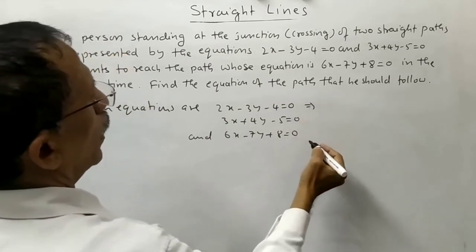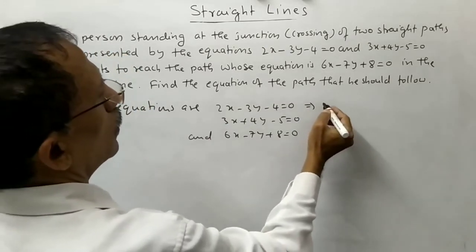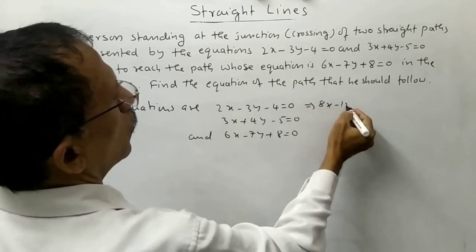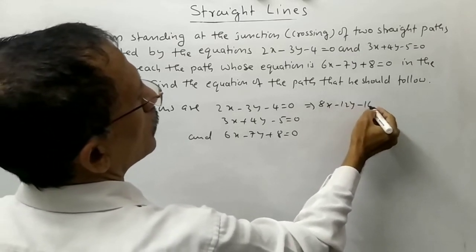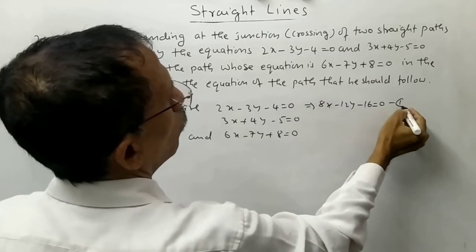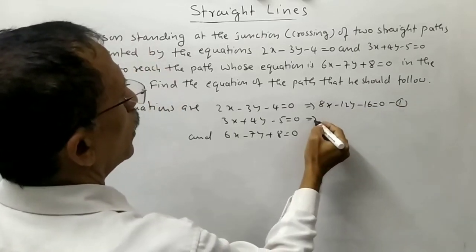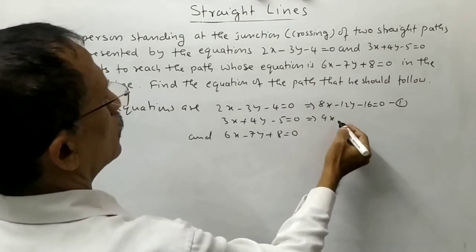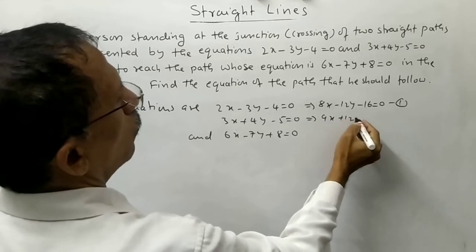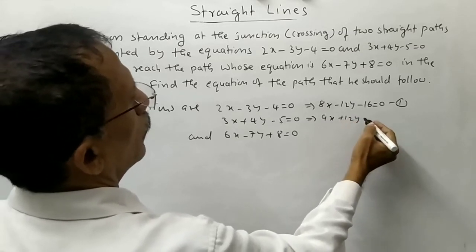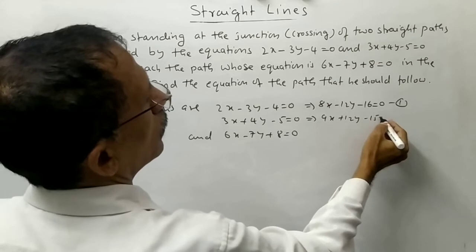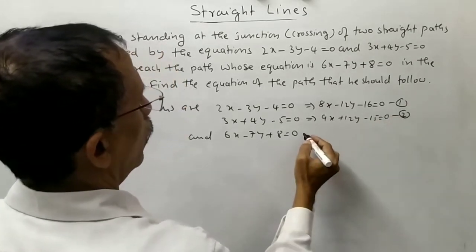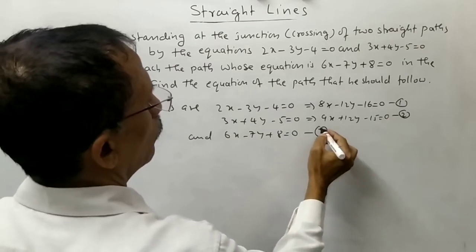First equation implies 8x minus 12y minus 16 is equal to 0, say number 1. Second equation implies 9x plus 12y minus 15 is equal to 0, say number 2. And this is number 3.